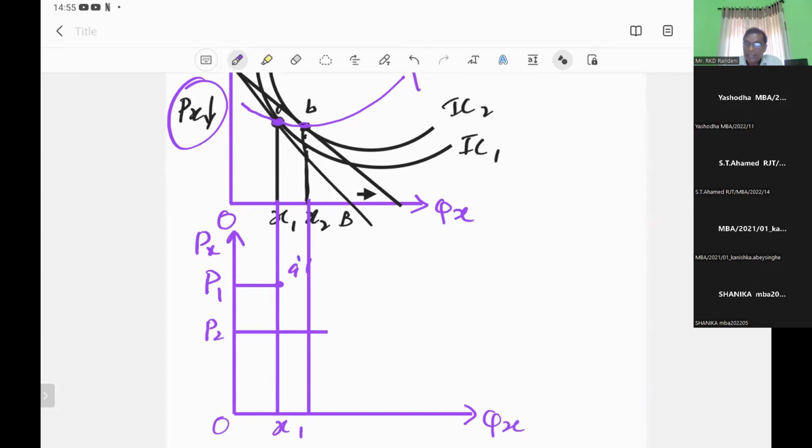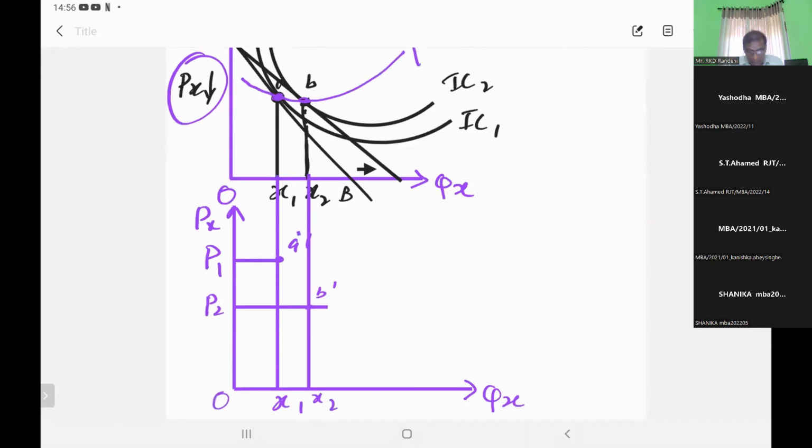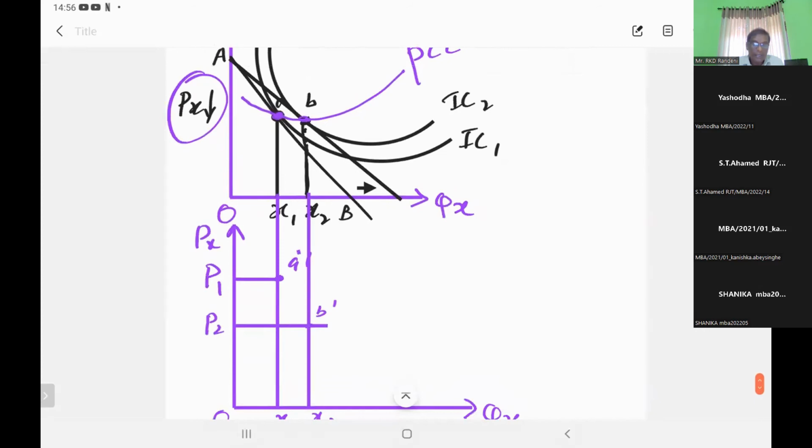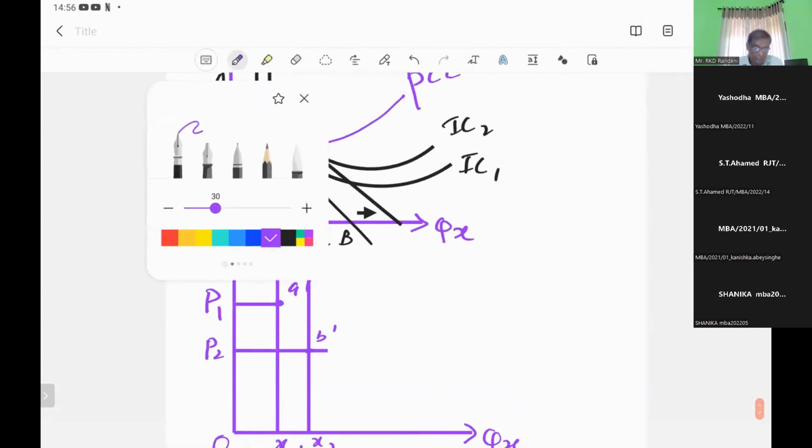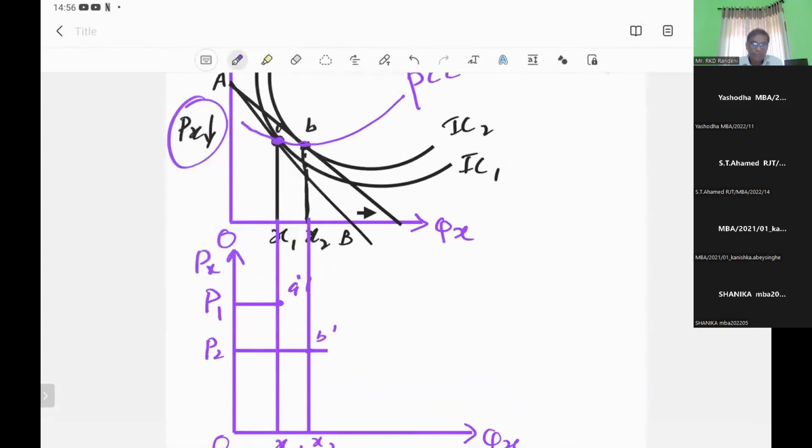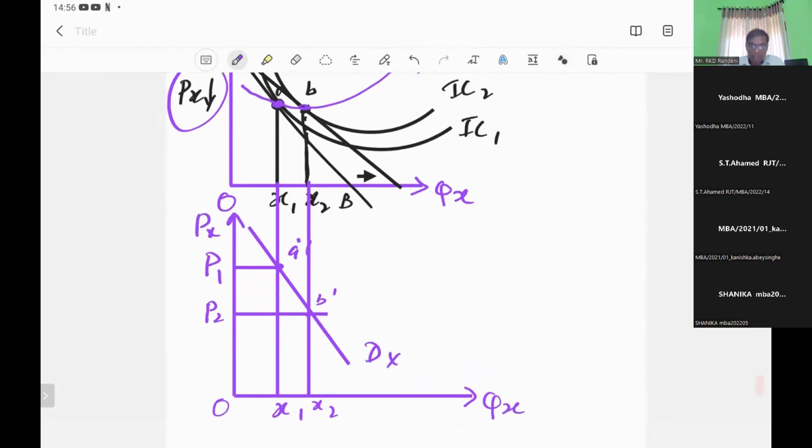A dash. Now here B dash, here X2. You can join these two points, right? Join these two points. Yes. This is the demand curve of X. Demand curve of X.